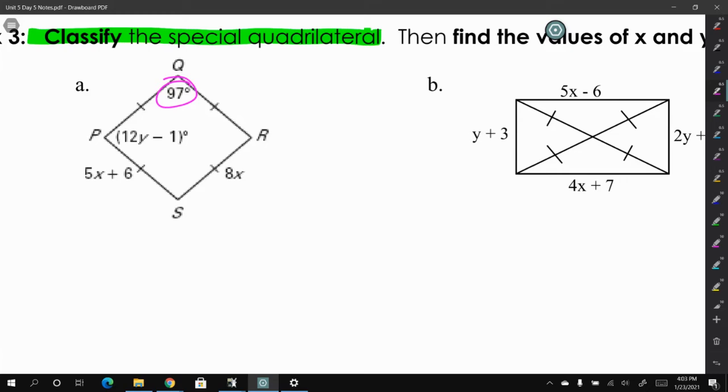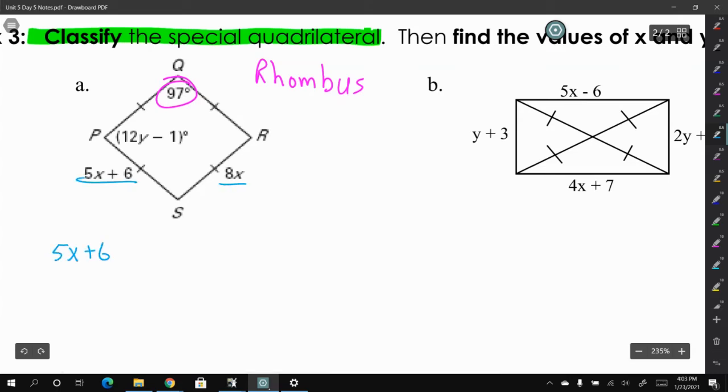This must be a rhombus. Okay, so in a rhombus, all the sides are congruent, so 5x plus 6 equals 8x. We'll subtract 5x from both sides. 6 equals 3x. Divide both sides by 3. And x is equal to 2.